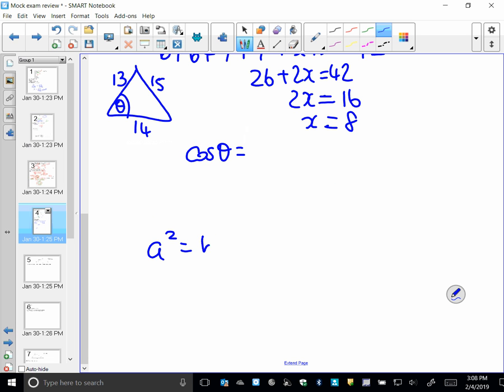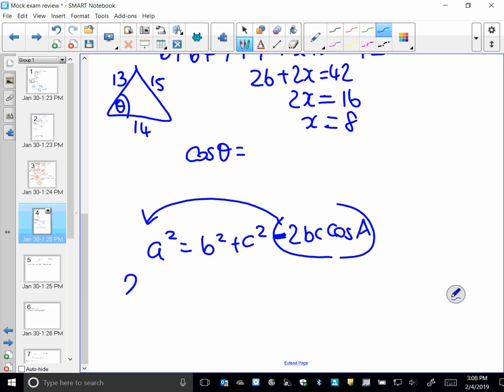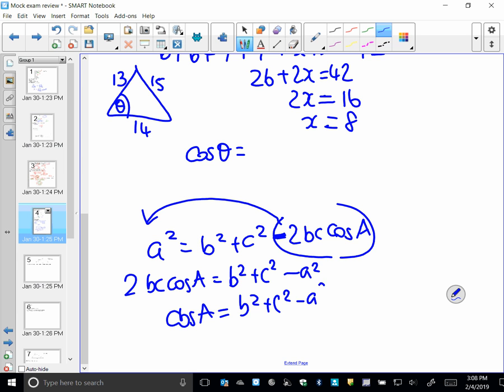A squared equals B squared plus C squared minus 2bc cos A. So because this is a takeaway, I'm going to switch these two. So I'm going to now have 2bc cos A equals B squared plus C squared minus A squared. And then cos A is B squared plus C squared minus A squared over 2bc.